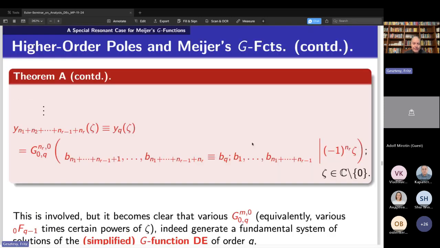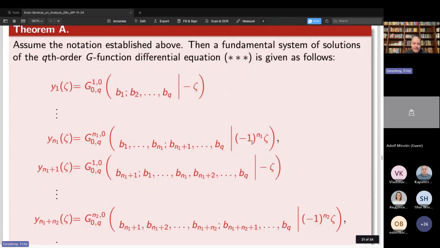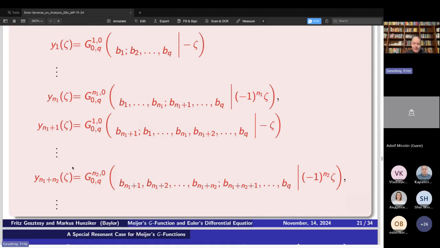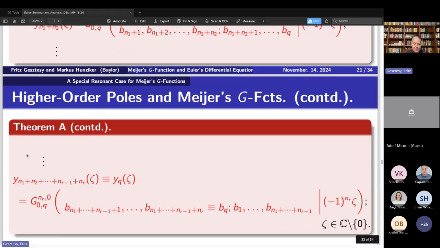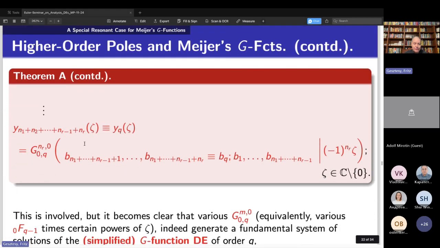And so let's go back to the beginning of this result. So here's then, this is a summary now, a fundamental system of solutions. So you start with G1 all the way down to G n1, 0, 0, Q. So this was the first congruence class, then you go to the next congruence class and so on. And all solutions are expressed now in terms of Meijer's G function, all the way to the last one of this form.